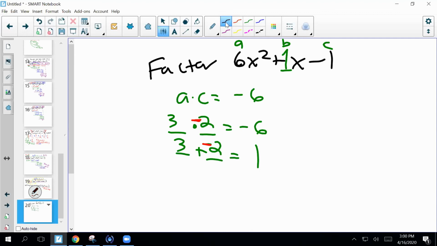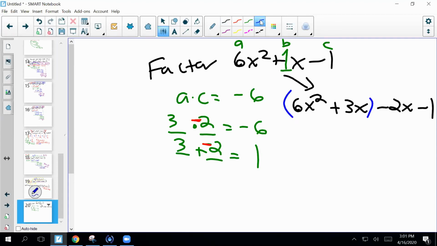When you're doing the AC method, the whole point is actually just to break up the b. This breaks the problem up as 6x squared plus 3x minus 2x minus 1. So I just broke up the b. It's not good when you break up with your boyfriend or girlfriend, but it is good when you break up the b, because now we can factor this with grouping.